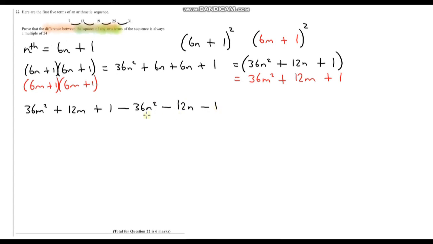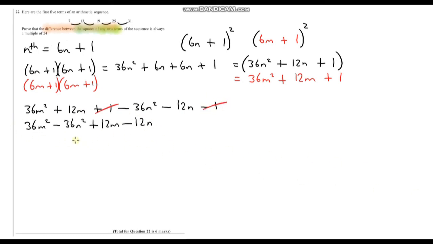And what I think I'll do is just group them together so we've got all the same terms together. So we've got 36m squared minus 36n squared plus 12m minus 12n. And then we've got 1 minus 1. Well, those two will just cancel out with each other. So this is what we're left with.